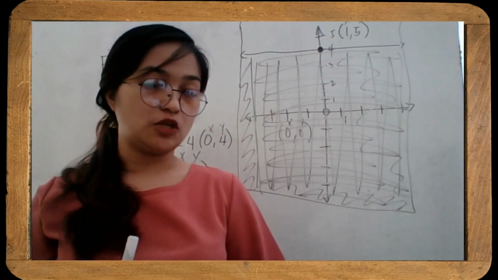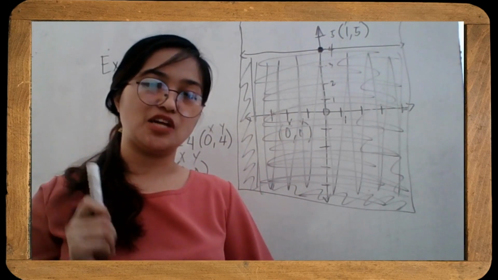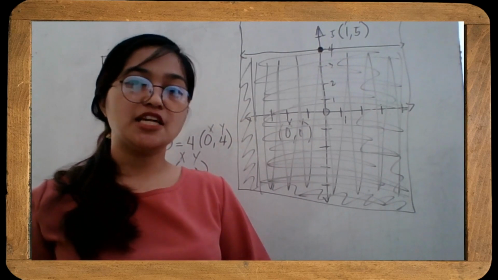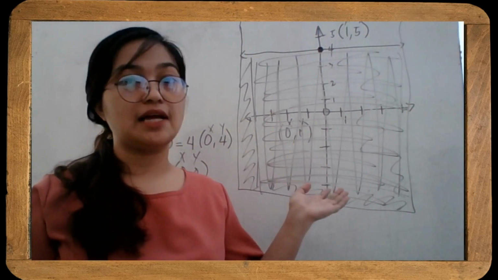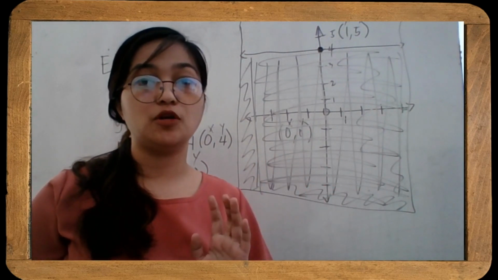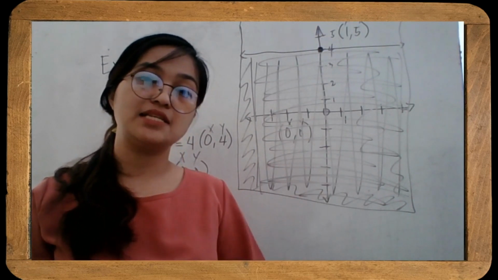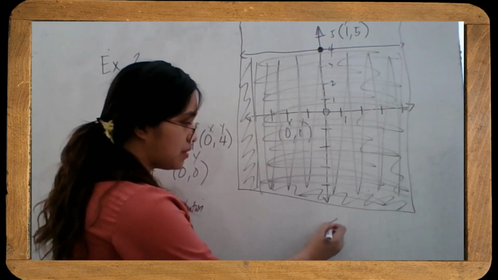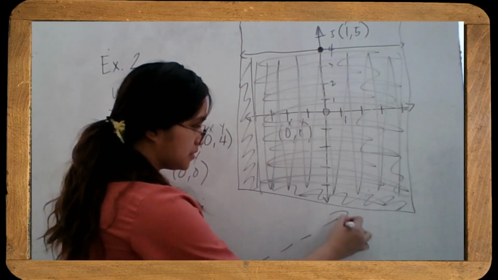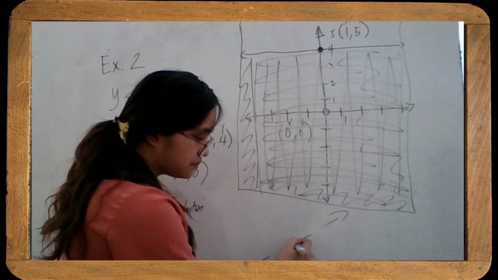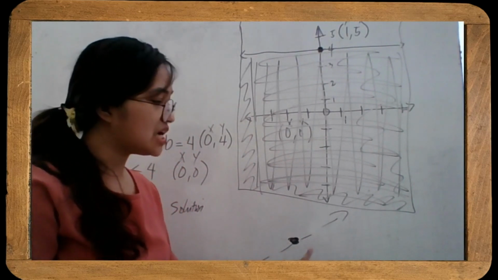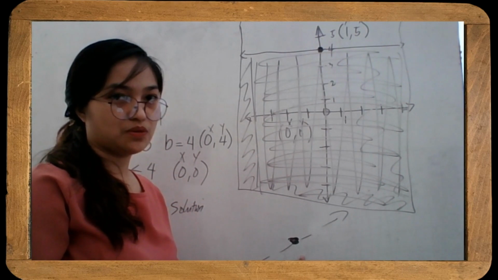Now, class, gusto ko lang itanong sa inyo, ano ba yung pinagkaiba ni dashed line at saka ni solid line? Ang dashed line po, class, yung katulad ng ating kaninang example, di ba yung may dashed line natin or broken lines? Ibig sabihin, class, yung dinaanan niyang point ni line na ito, hindi siya kasama sa solution.